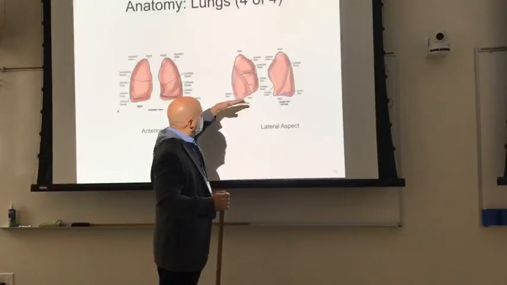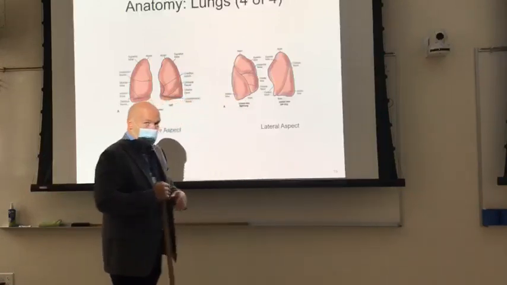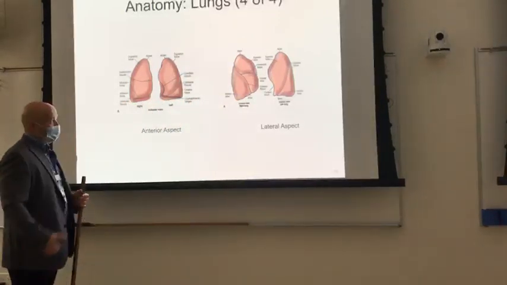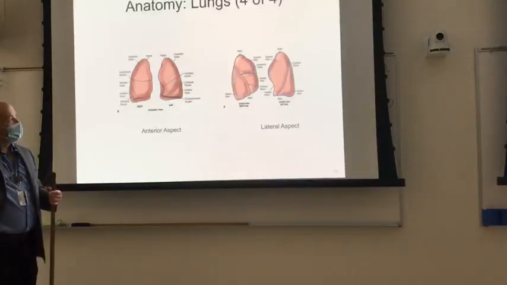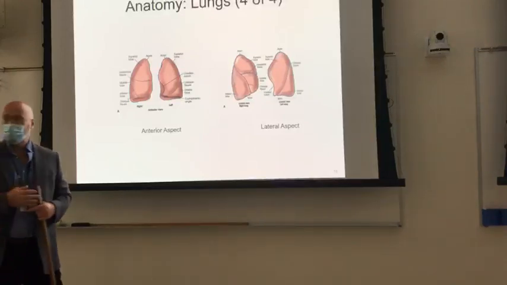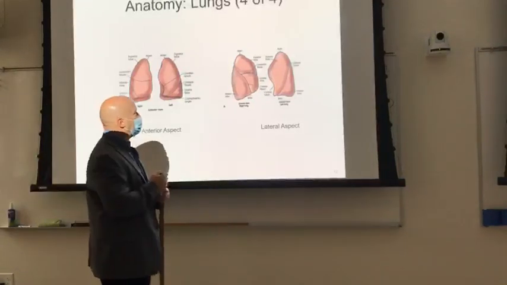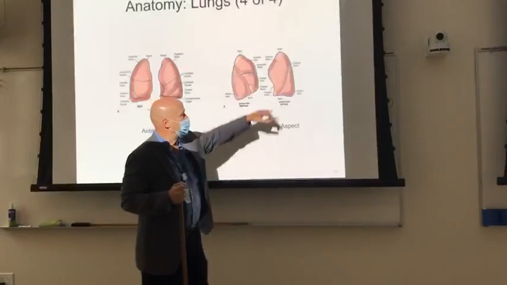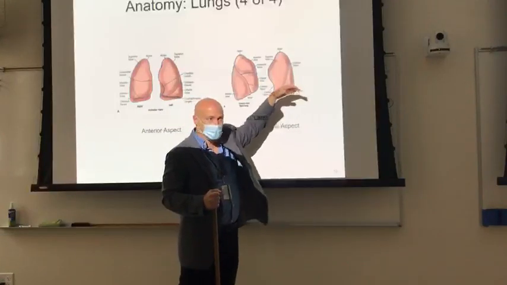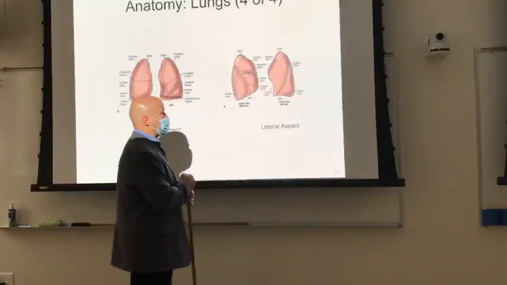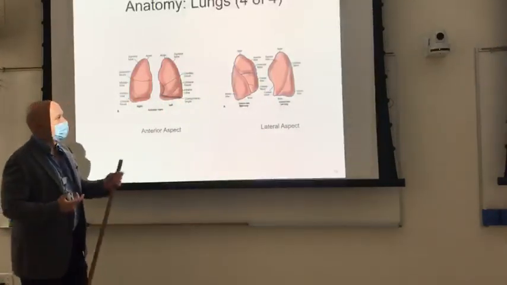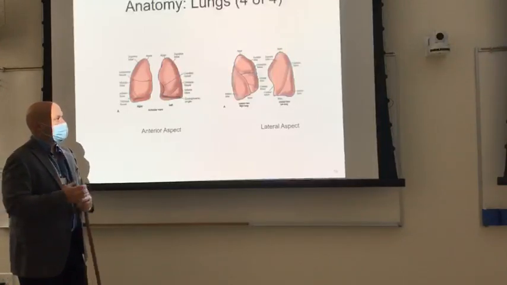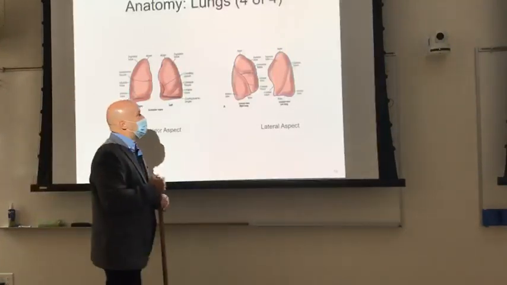Where does the inferior lobe go? From the bottom almost all the way to the top. So the inferior lobe is quite large, and on the left lung, it's the same way. It goes all the way from the bottom to almost all the way to the top. It's more posterior, an anterior versus posterior lobe more than anything else.